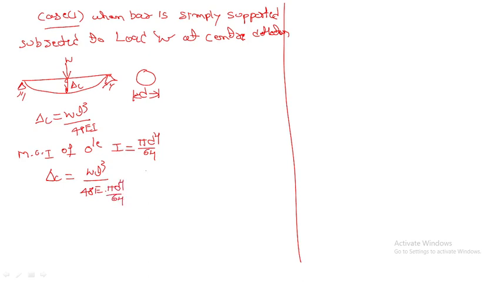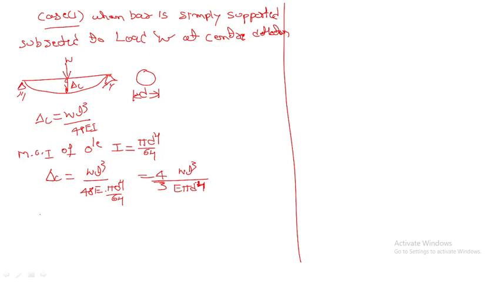You have to put this value. Now 4 by 3 WL cube by E pi d raised to 4. This is the case 1.